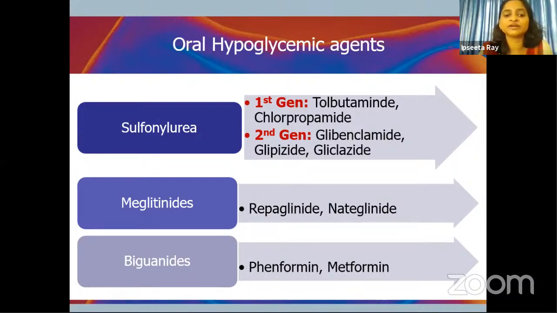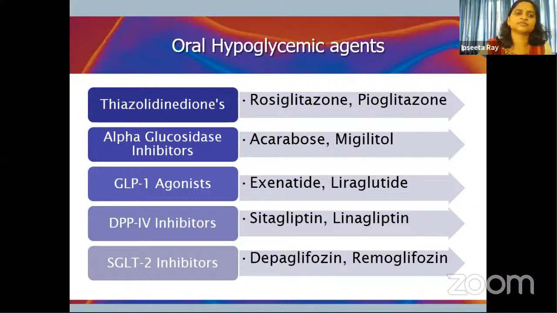It's a peripherally acting drug, compared to sulfonylureas or meglitinides, which are secretagogues. You also have thiazolidinediones, rosiglitazone and pioglitazone, which are insulin sensitizers. How do they act? They are basically activators of PPAR, that is peroxisome proliferator activated receptor, which is involved in lipid metabolism.